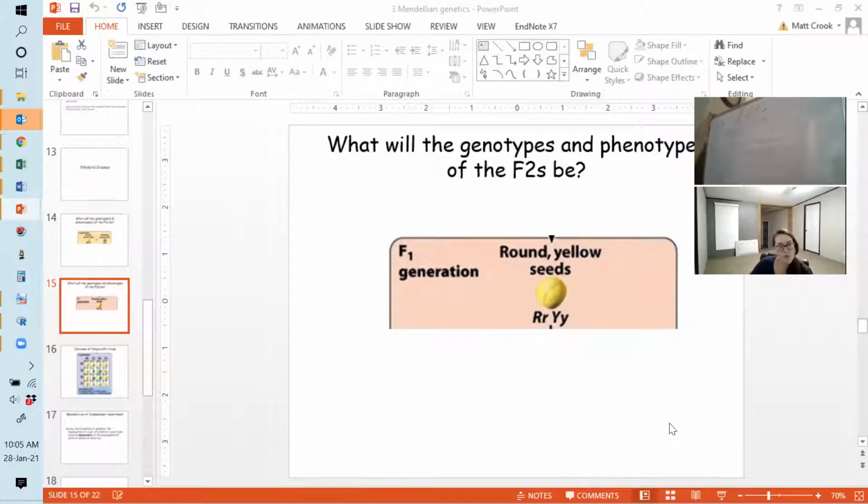That's the law of independent assortment that we talked about last class.